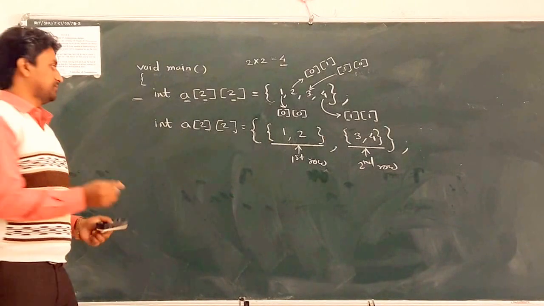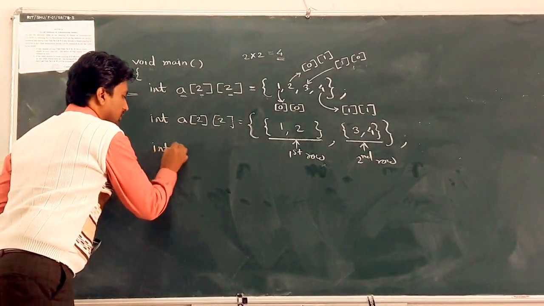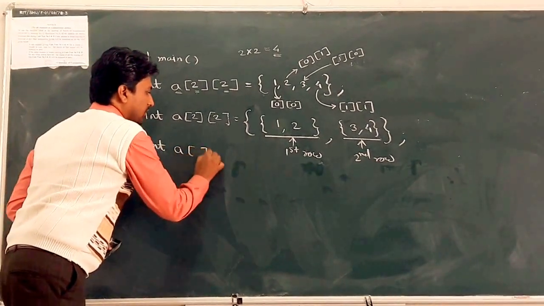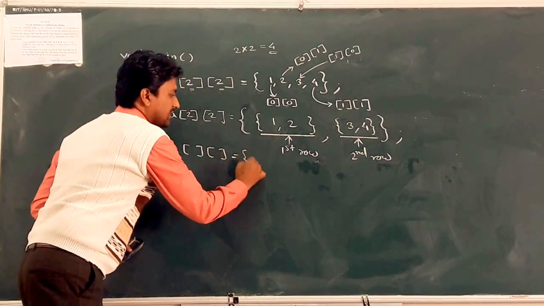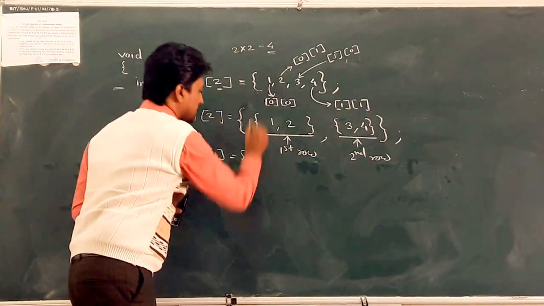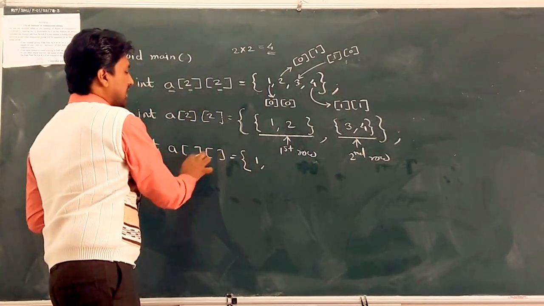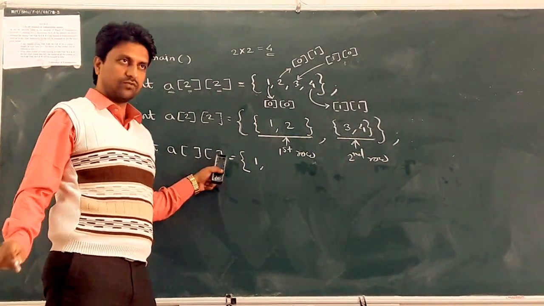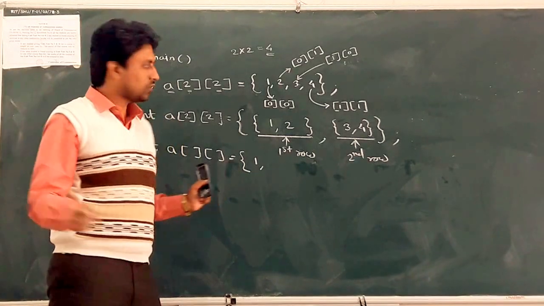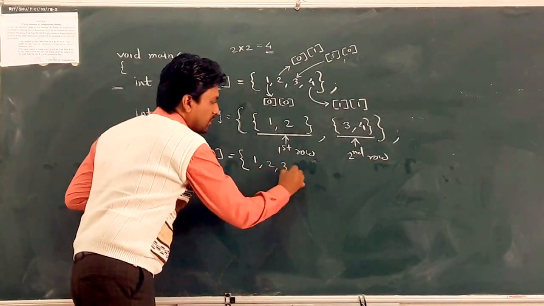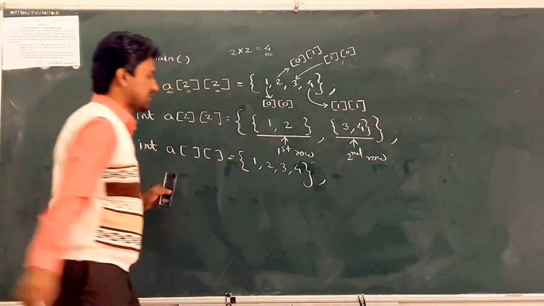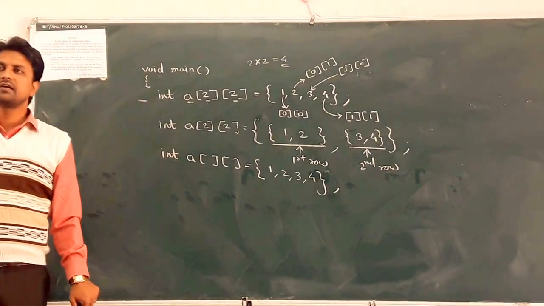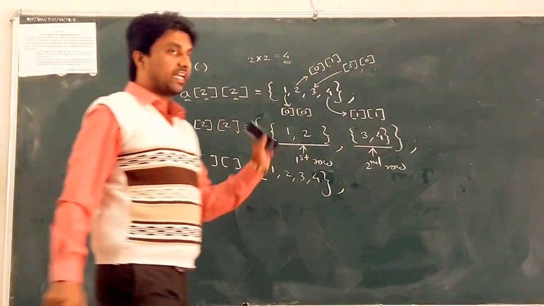Clear? Third, suppose we don't specify the size of the two-dimensional array, first subscript as well as second subscript, and enter the elements. Is it valid? It is valid for a one-dimensional array.